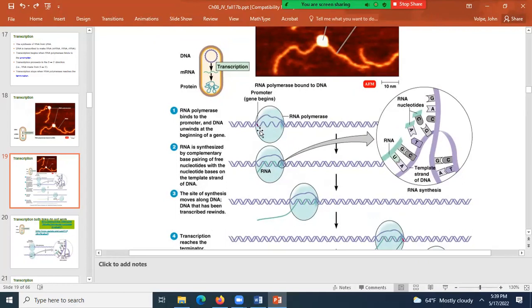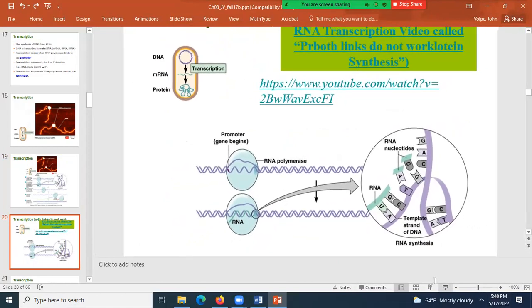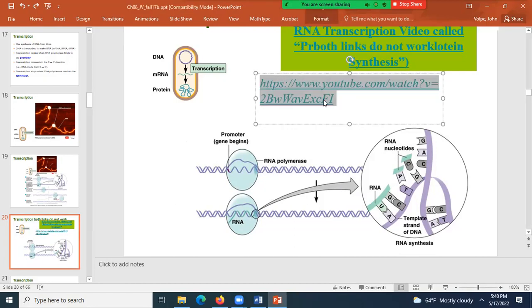And then the RNA polymerase can move down the DNA, which is probably shown better in this picture. RNA polymerase then moves down the DNA, transcribing the RNA, which will then be alongside the DNA, and it'll actually hydrogen bond to the DNA. Any questions about any of that?